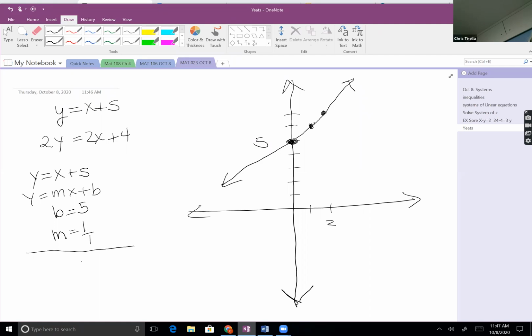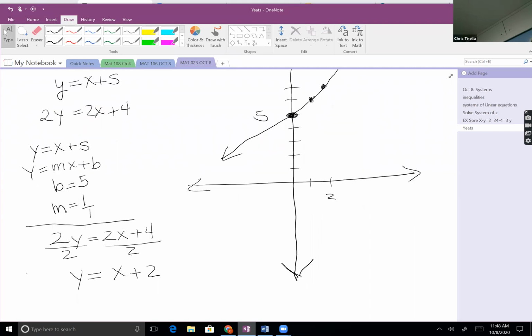Second equation is 2y equals 2x plus 4. The y term is alone, but it has a coefficient. So let's divide both sides by that number 2. That gives me y equals, and remember on this other side, I have to divide both numbers by 2, giving me 1x plus 2.